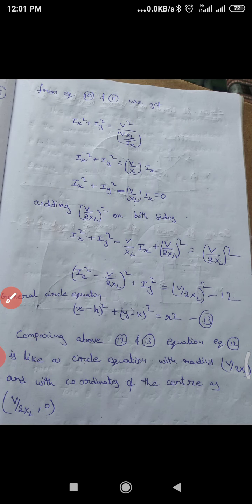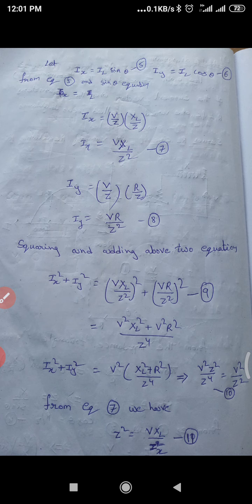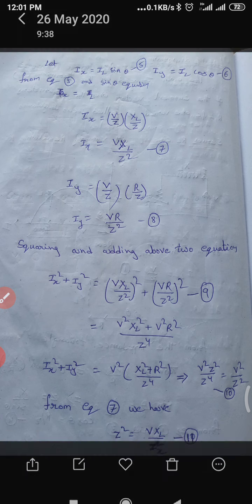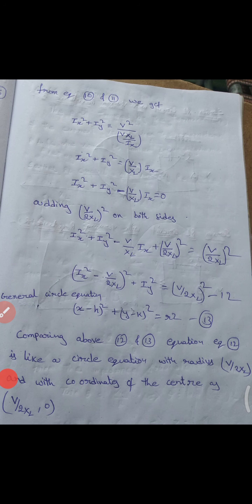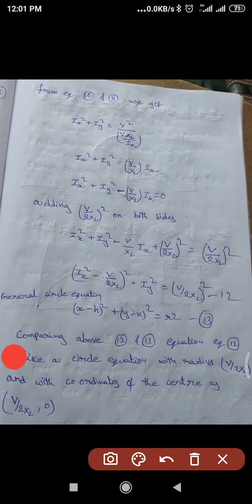Now by using equation 10 and equation 11, we can write the next equation as Ix square plus Iy square is equal to V square by XL, V into XL by Ix.